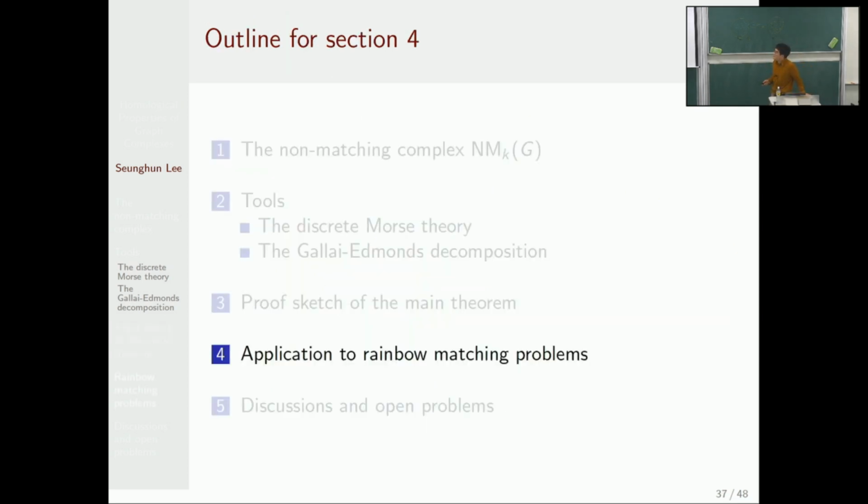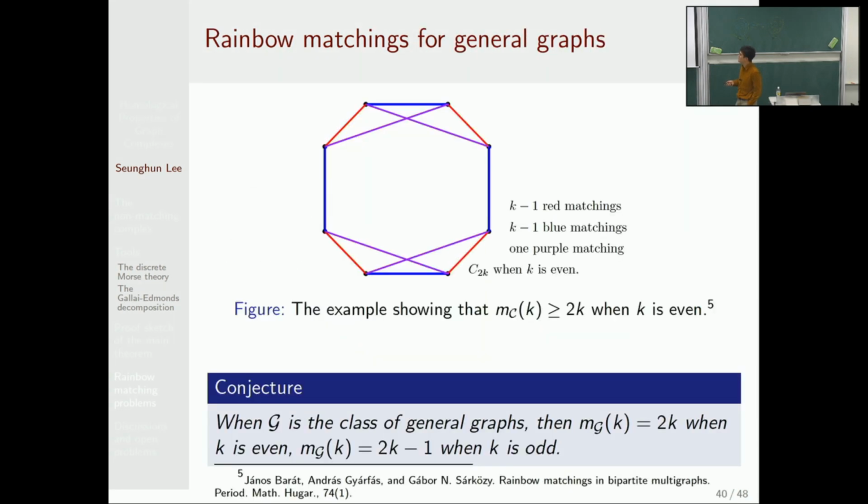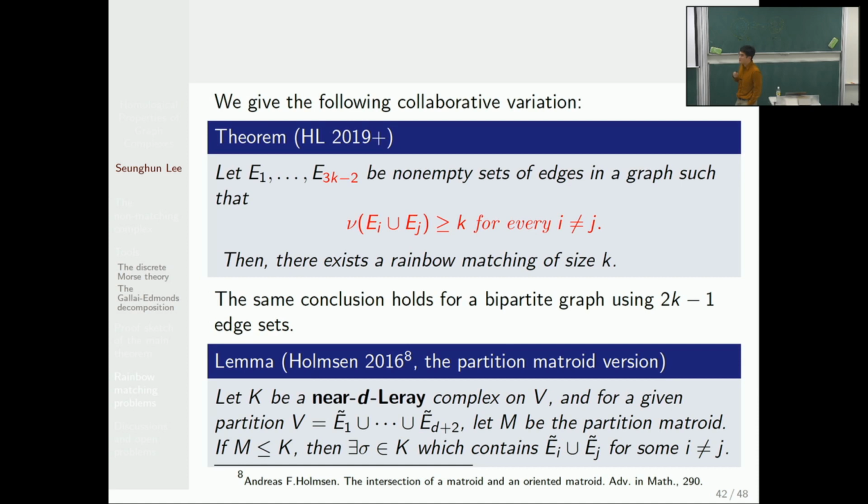There is very little time left to introduce the application to the rainbow matching problem, so I'll just go briefly. By using the Leray result, we can get this collaborative version of the rainbow matching problem. The statement is the following: if E1 to E_{3k-2} are non-empty sets of edges in a graph such that every one of them has matching number at least k, then there exists a rainbow matching of size k.